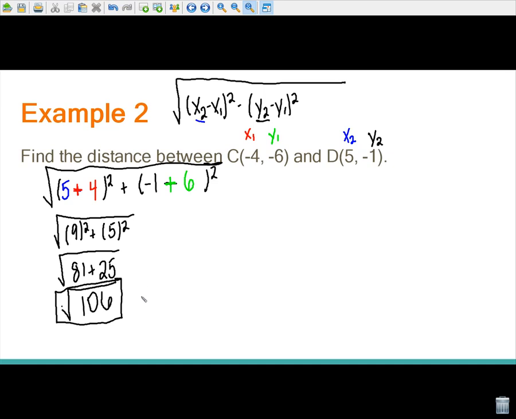I would take this, or whatever it's equivalent to. So you could do the square root of 106, and that would give you 10.29. Again, I'm just going to round to the nearest tenth, and I would say here that it's equal to 10.3. Either one of these would be correct, either the square root of 106 or 10.3. I would take either one of those.